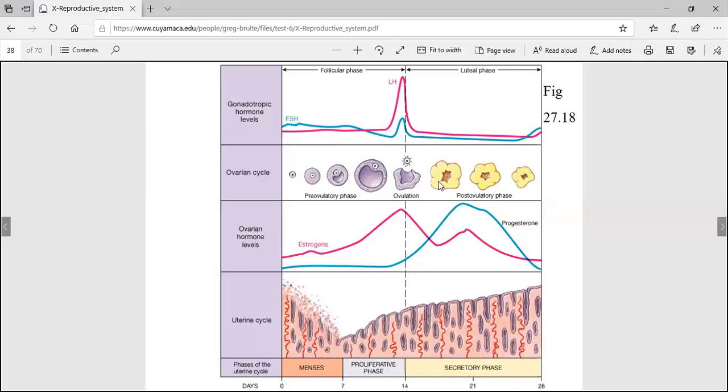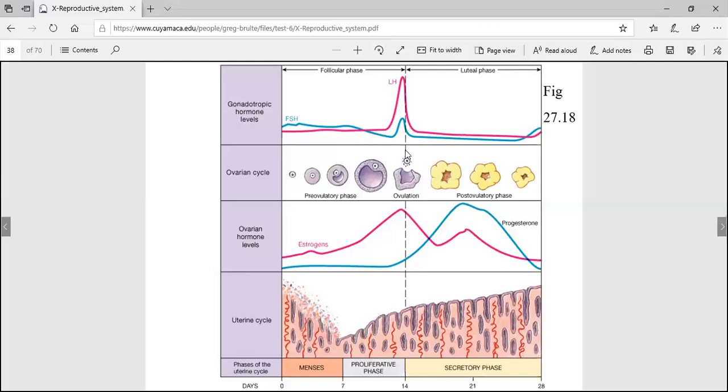Okay. What is this structure? You go corpus luteum. What two hormones does that make? Estrogens and progesterone. Okay. Then I could ask you, what phase, uterine phase is that? What phase is that? Or I could say, on a perfect 28-day cycle, when does ovulation occur? You would go day 14.